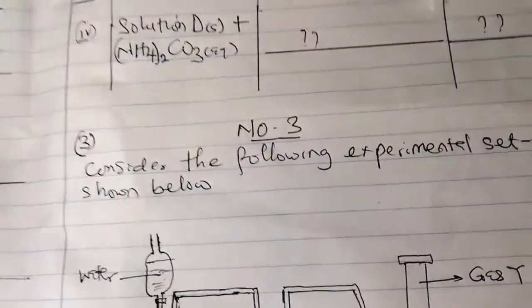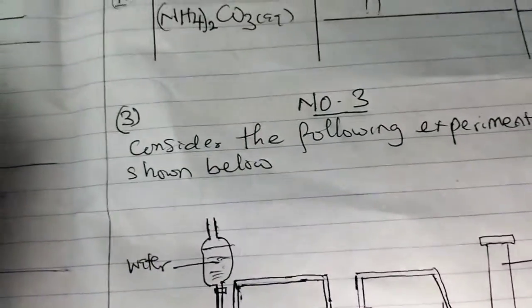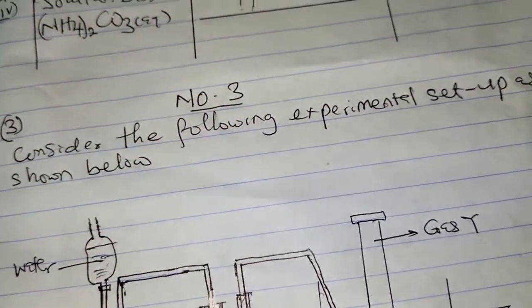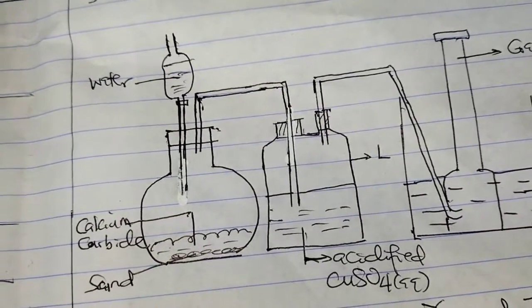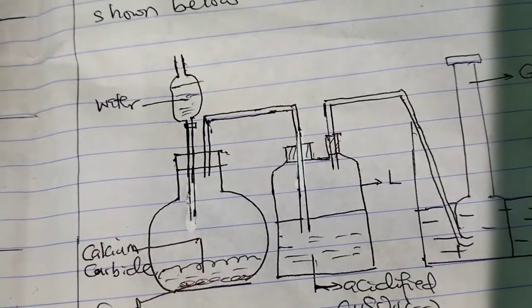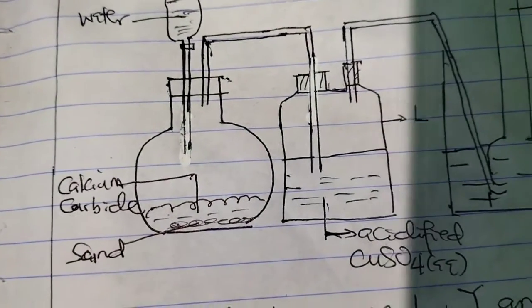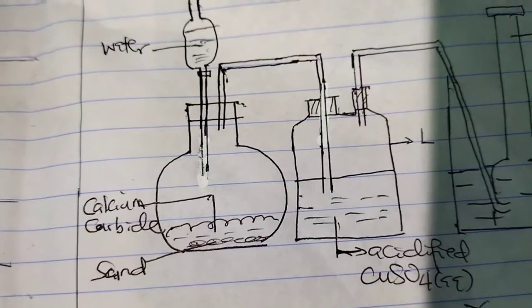So having done that, we go to question number 3. It says, consider the following experimental setup shown below. We have a diagram for preparing a particular gas. We can see water running through a funnel into a substance in a flask, calcium carbide.